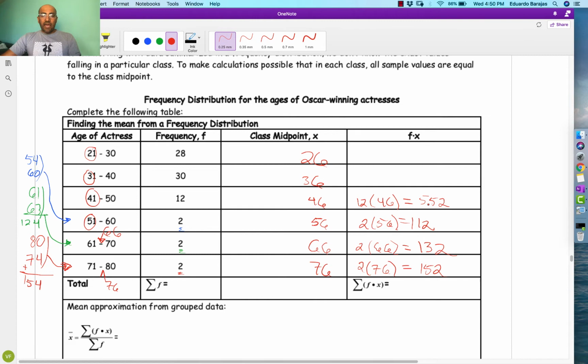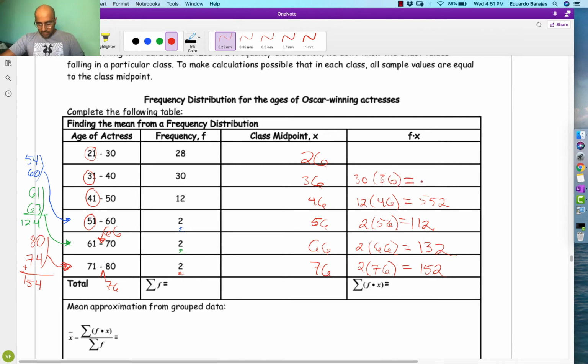It's my best guess for the sum of all the ages of these 12 actresses that fall in this range. Some of them are 41, some of them are 50, and everything in between. So my best guess is going to be that, well, they're about 46, and there's 12 of them. So if I multiply those two values together, I get my very best guess for the sum of the ages of those 12 women. Then we do the same thing for the next category, 30 and 36.